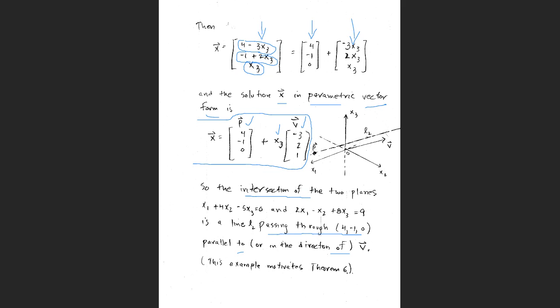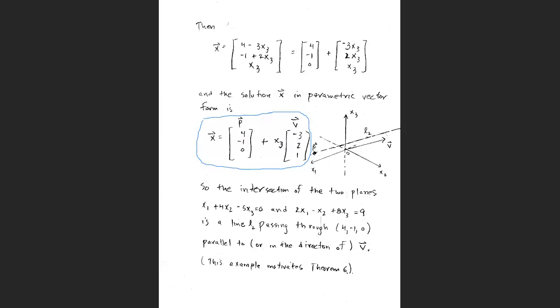Okay, so what I've done is, of course, I've written my solution in the parametric vector form here. And in the picture on the right, I draw the x1, x2, x3 axes.